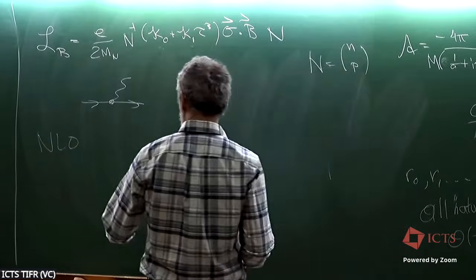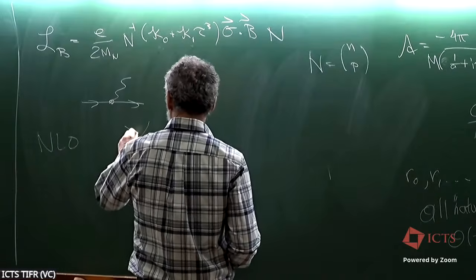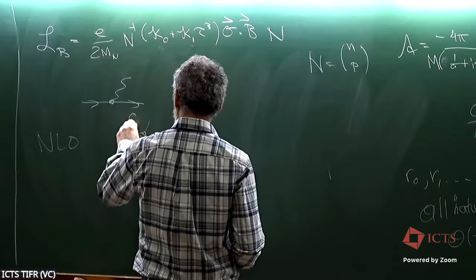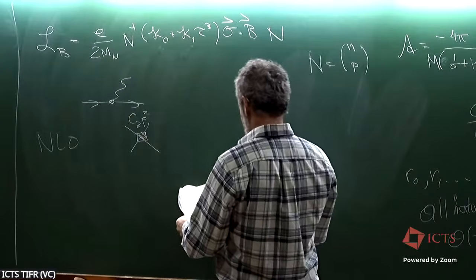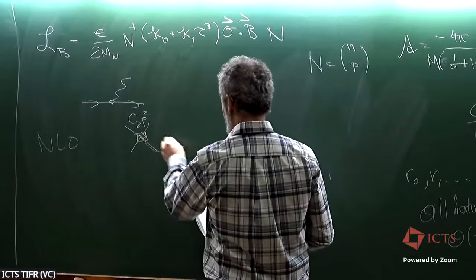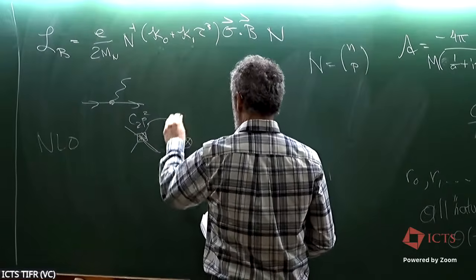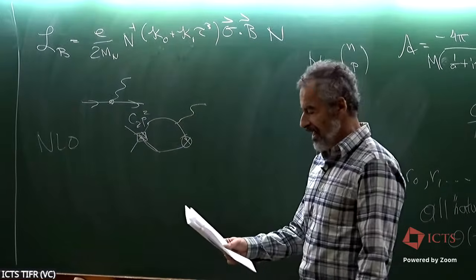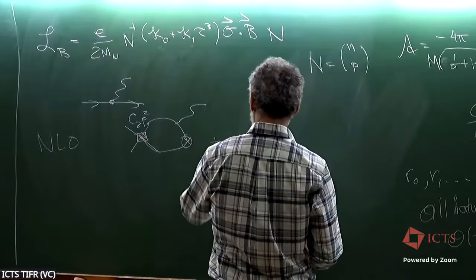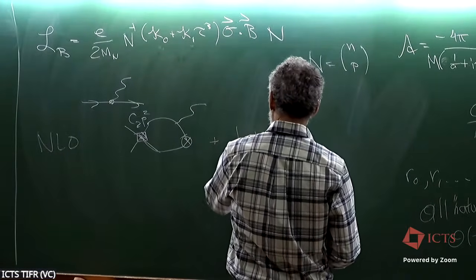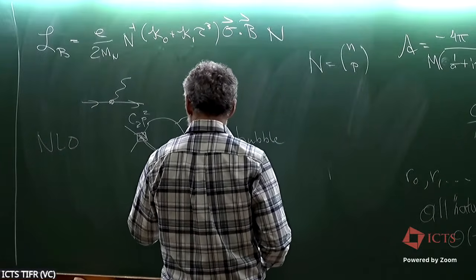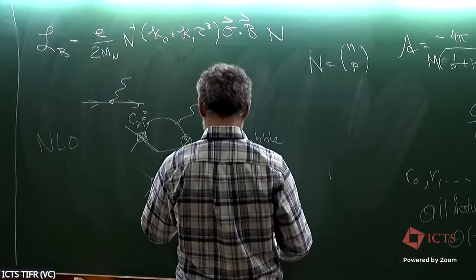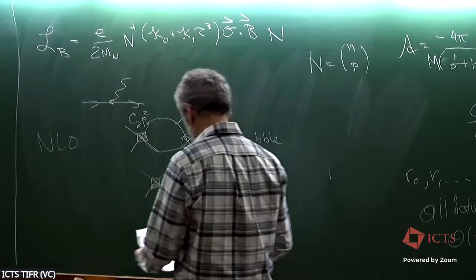Now you go to NLO, you have to start including your C2 P squared diagram. So you can have diagrams like this and bubbles, or simply, you know, sorry, that's right.